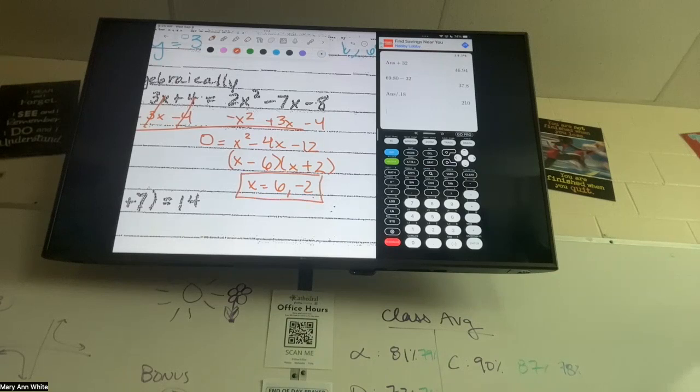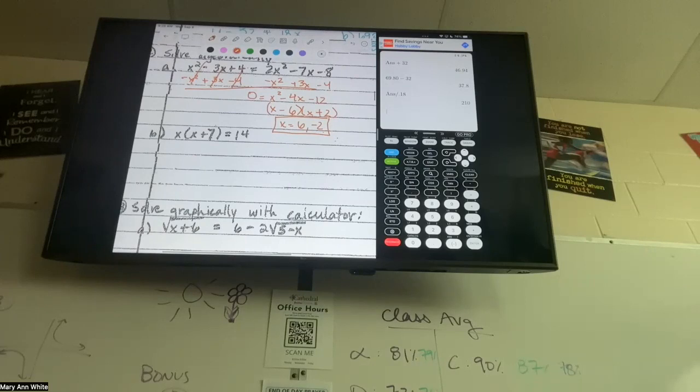Perfect. Okay. Try the next one. I don't think it factors as well, so you might need the quadratic formula for that one. I will work it off to the side, but you try it on your own.